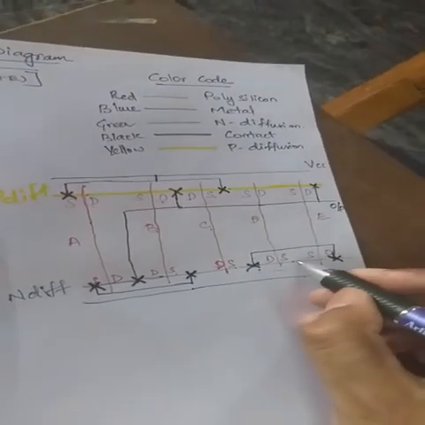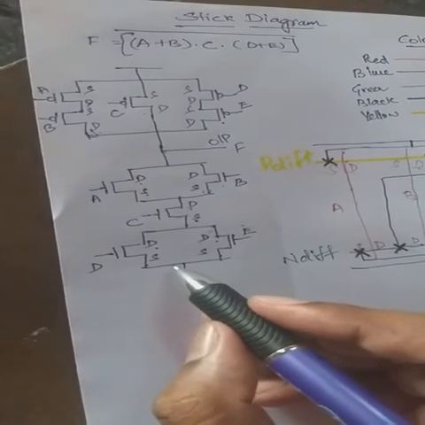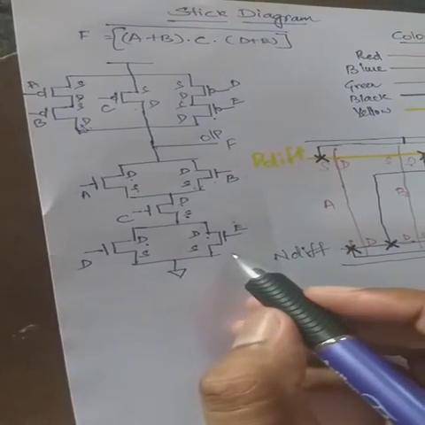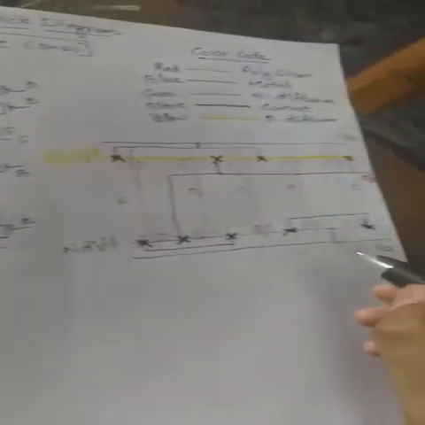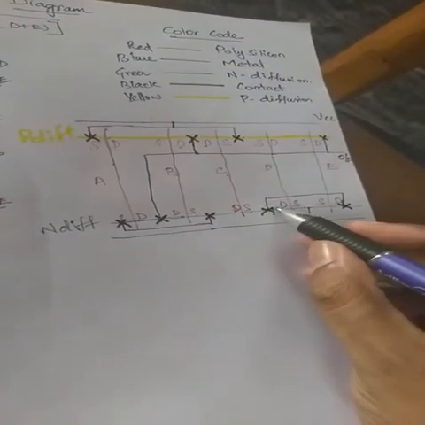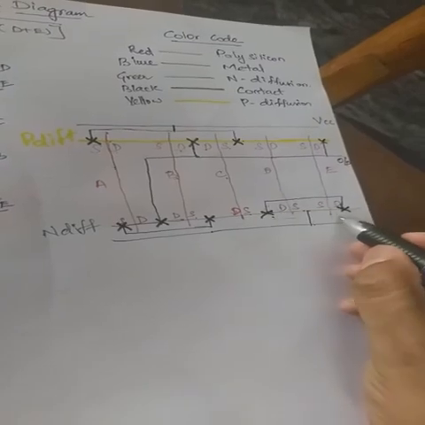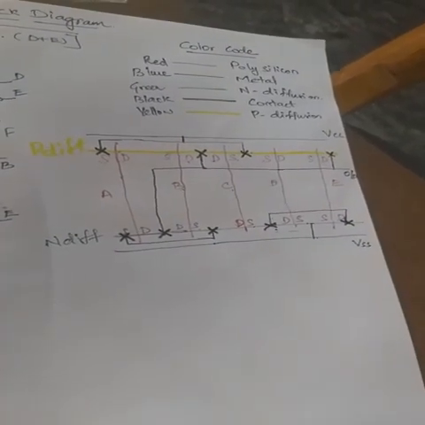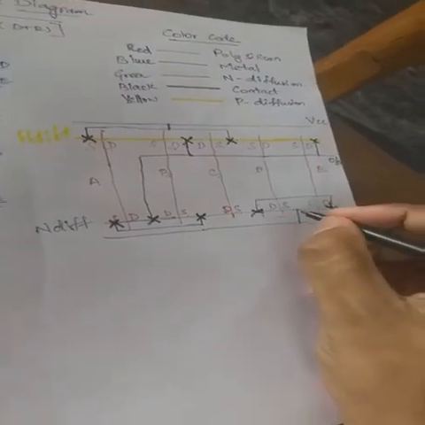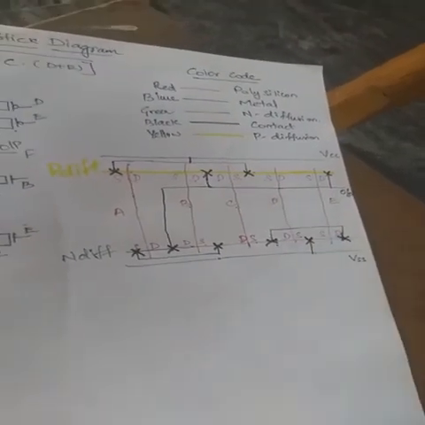See here, the source of D and source of E are connected and they have been given to the ground terminal. So this connection has to be made here. If you connect it in this fashion, there will be a short circuit created. Hence I have drawn it in the upward direction. So here is the final contact.